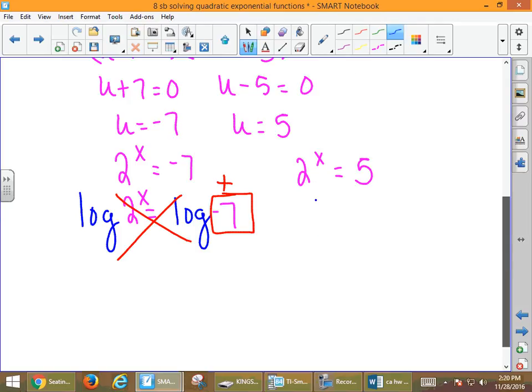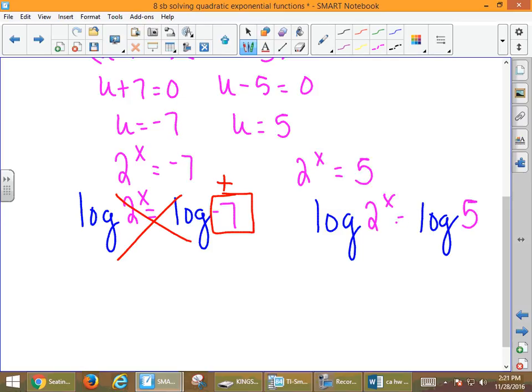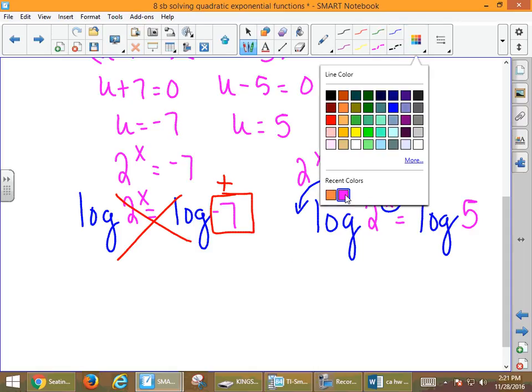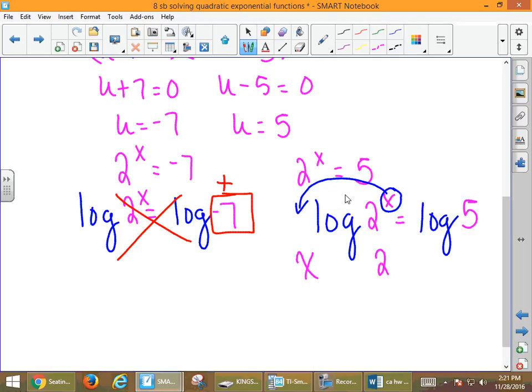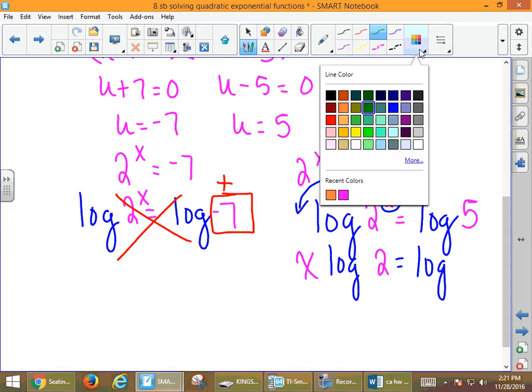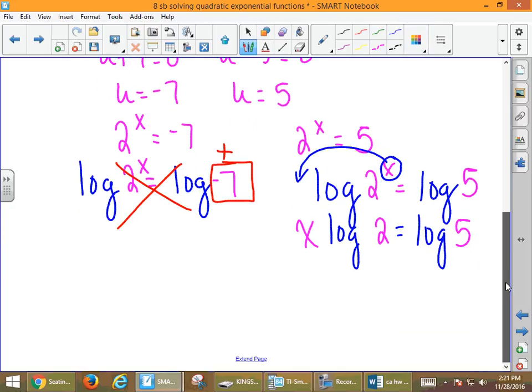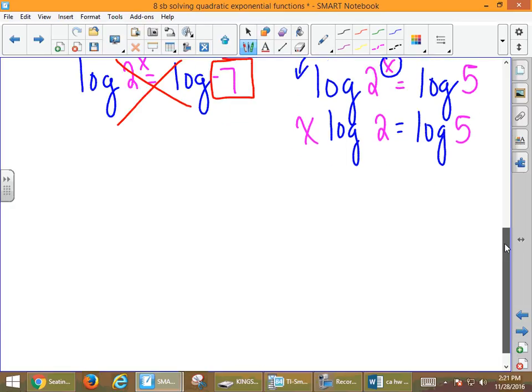And on this one, we can put in the log. We can use our power property, which says that we can bring this x out in front. So we have x log 2 equals log 5. And then it's x multiplied by log of 2.